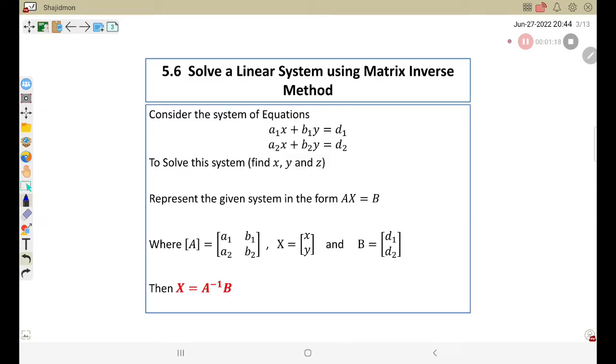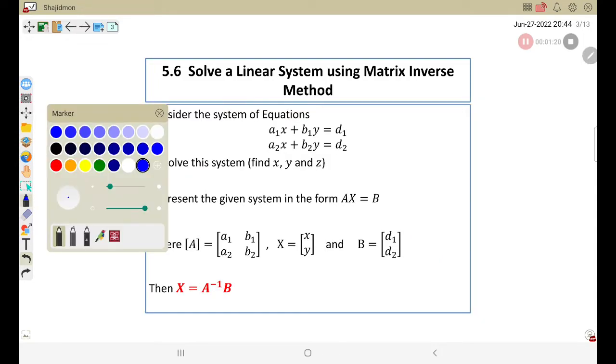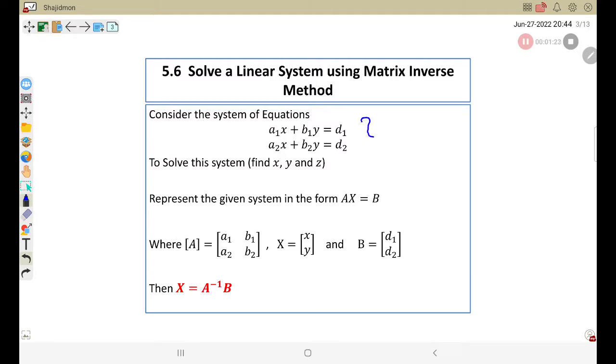Consider a system of equations. See, here we have a 2 by 2 system of equations, 2 equations and 2 unknowns. To solve this system means we need to find what is x and what is y. I will give the procedure only, as the detailed theory we already discussed before. Just the procedure of how we find the solution of a system by the matrix inverse method.